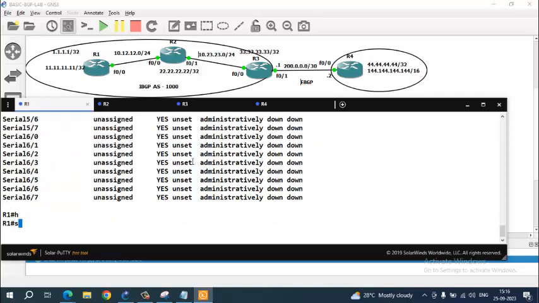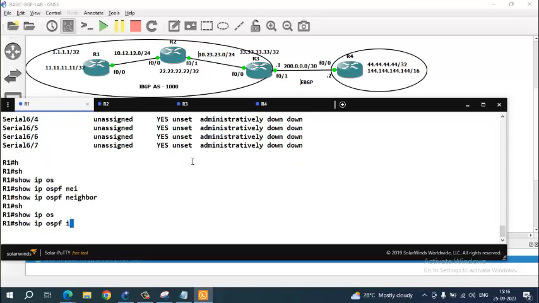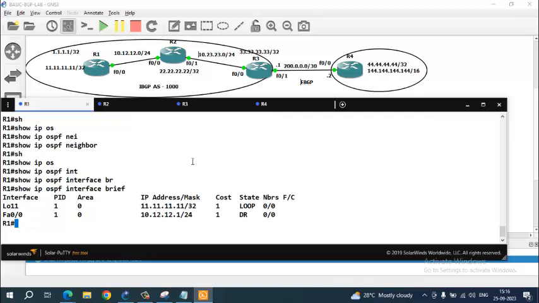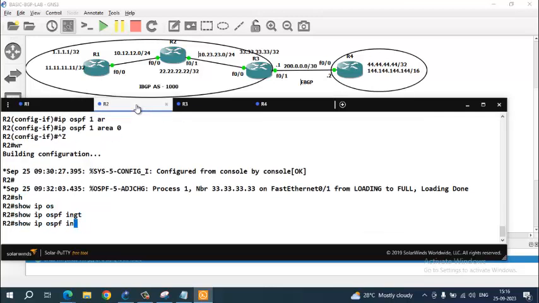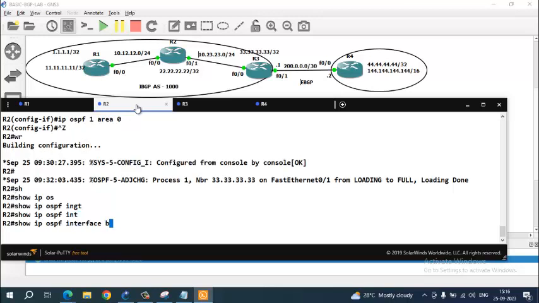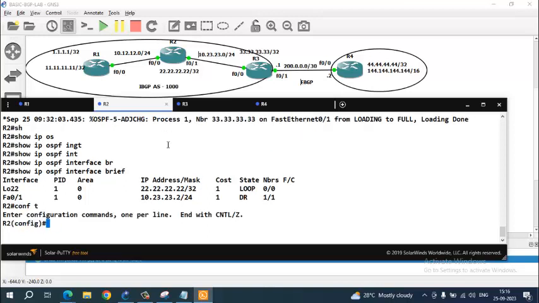Show IP OSPF neighbor. This is the problem. There is no neighborship between R1 and R2. Show IP OSPF interface brief. OSPF is running on this interface. Show IP OSPF interface. OSPF is not running here.